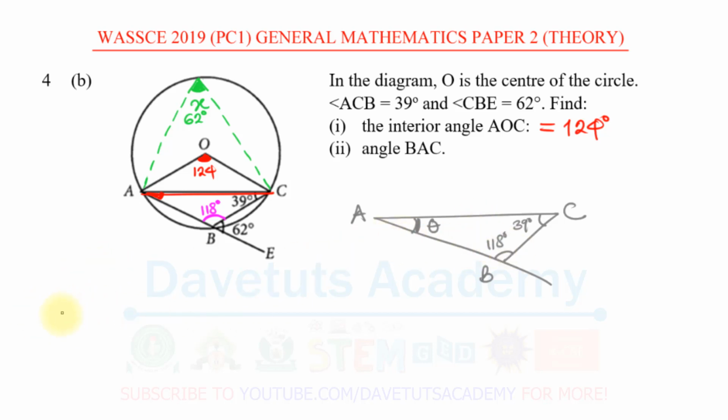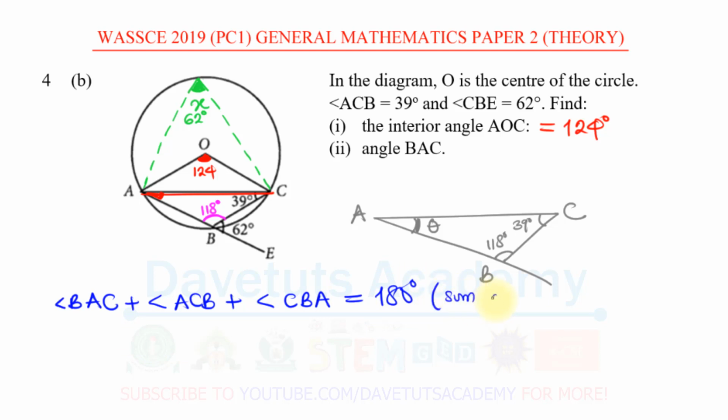So I can say angle BAC that we are looking for plus angle ACB that we are given as 39 degrees plus angle CBA that we evaluated as 118 degrees before. If you add all of them, they will add up to 180 degrees. Why? They are the sum of angles of a triangle.